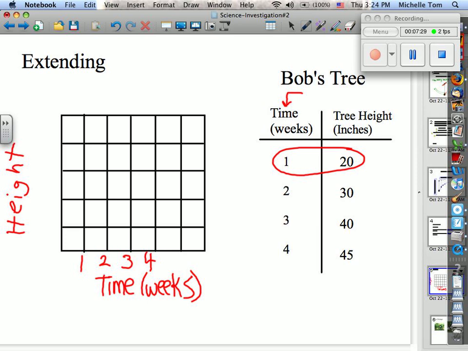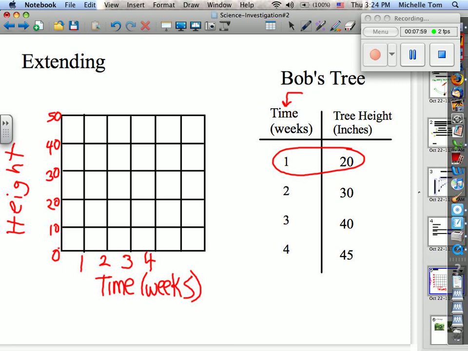So say I'm going to start with 0 down here. When I go from 0 to the next line, I'm going to make that 10. And because I made 10 from 0 to 10, I have to count by 10s for the rest of the way. So 0 to 10, 10 to 20, 20 to 30, 30 to 40, and 40 to 50. Notice I'm always counting by the same interval, by 10s. Sometimes you can do it by 5s or 2s, but it has to be the same way each way.